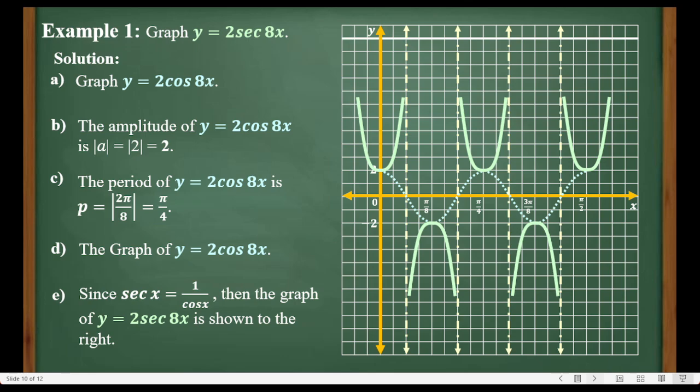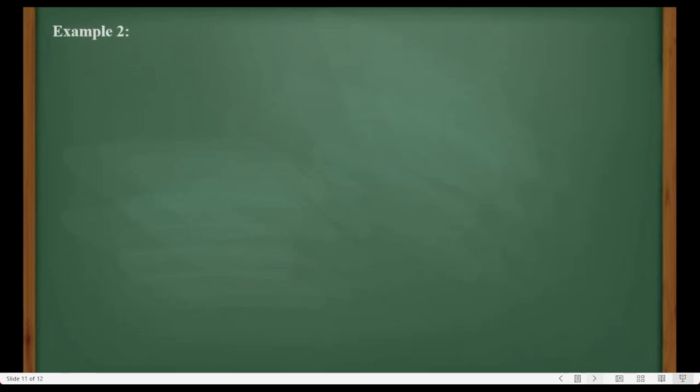Now, the yellow-green parabolas are the graphs of this given function. Actually, these graphs are the required graphs, or these parabolas are the required graphs.